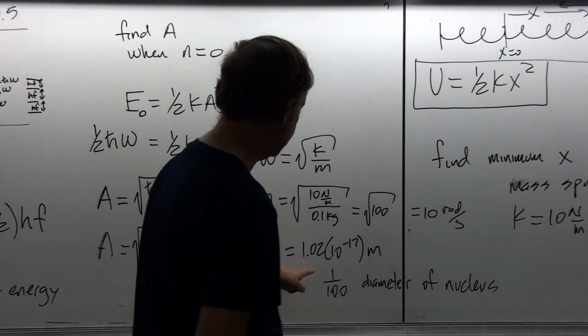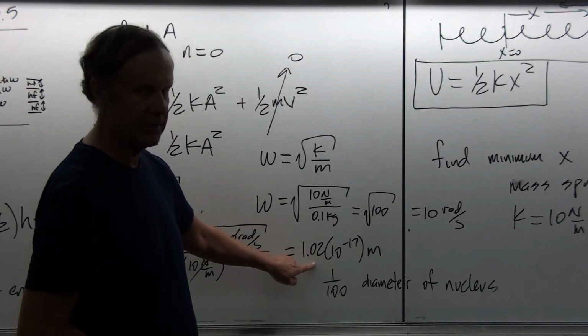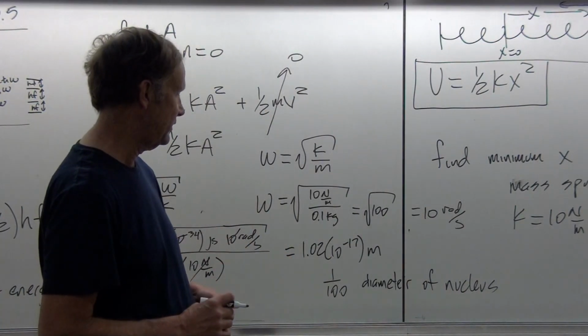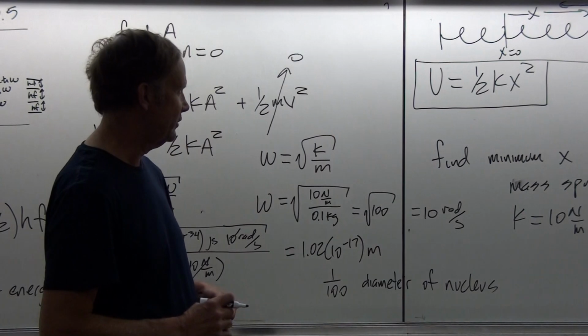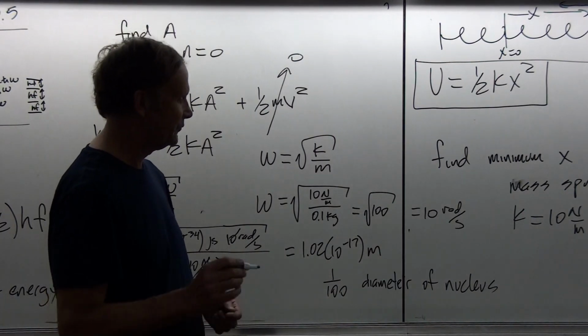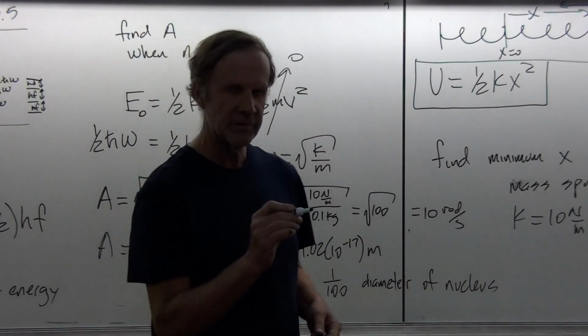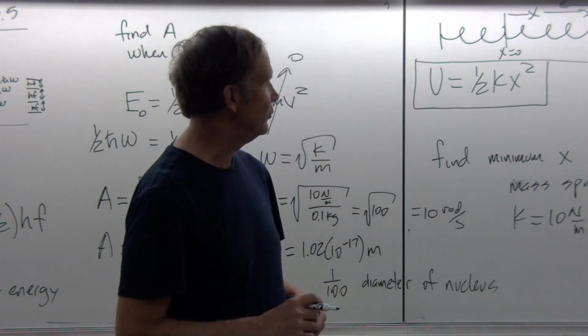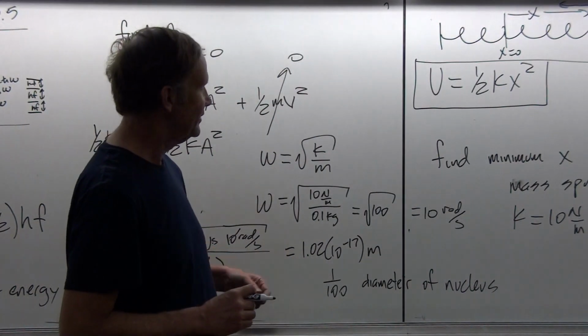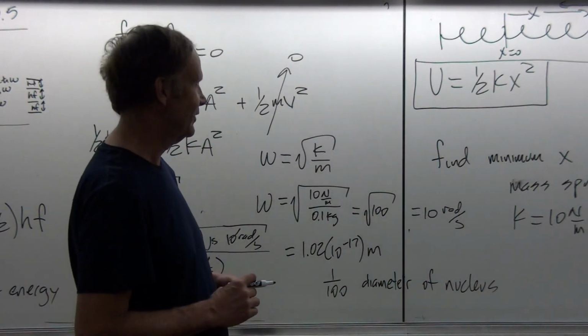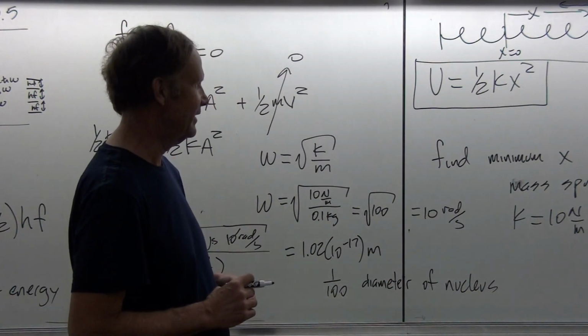So the nucleus of an atom is around a femtometer, which is 10 to the minus 15 meters. So this would be about 1/100th the diameter of the nucleus of an atom. And so that's a fairly small change, one that would be difficult to measure, but still it is not zero. And so that is what is kind of amazing about it.